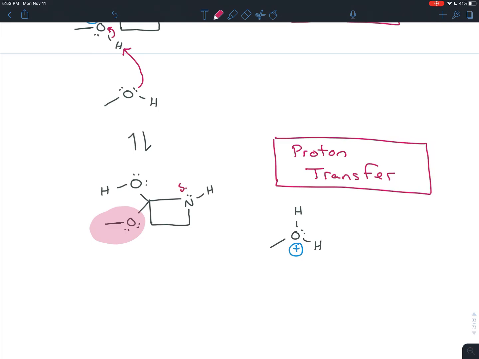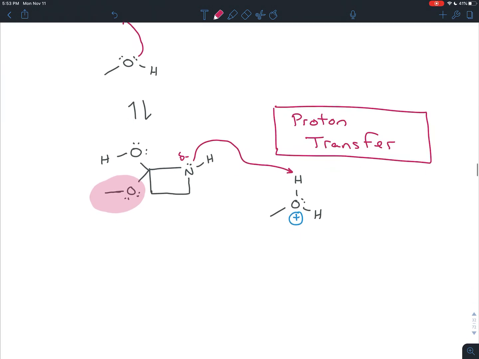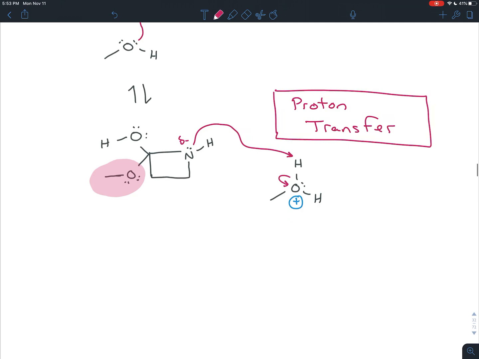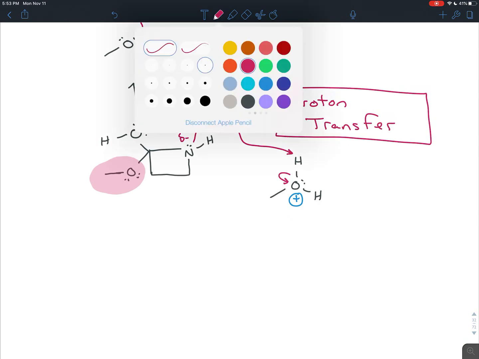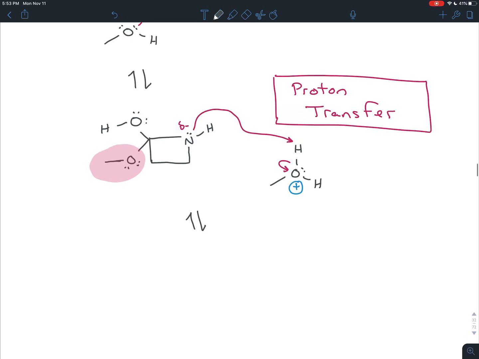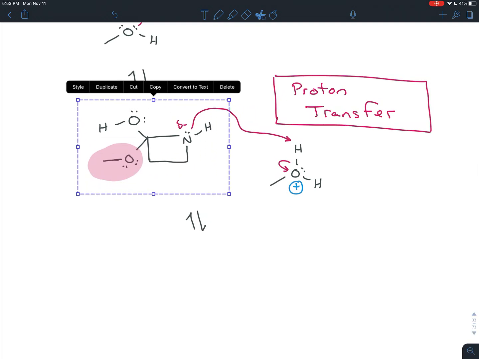The lone pair here on this nitrogen, which is slightly negative, can attack one of the slightly positive hydrogens in this protonated methanol that we have. The electrons that were holding the hydrogen there can snap back onto the oxygen to stabilize its positive charge. And that will turn this bad leaving group, not very reactive thing, into a good leaving group, a more reactive thing.